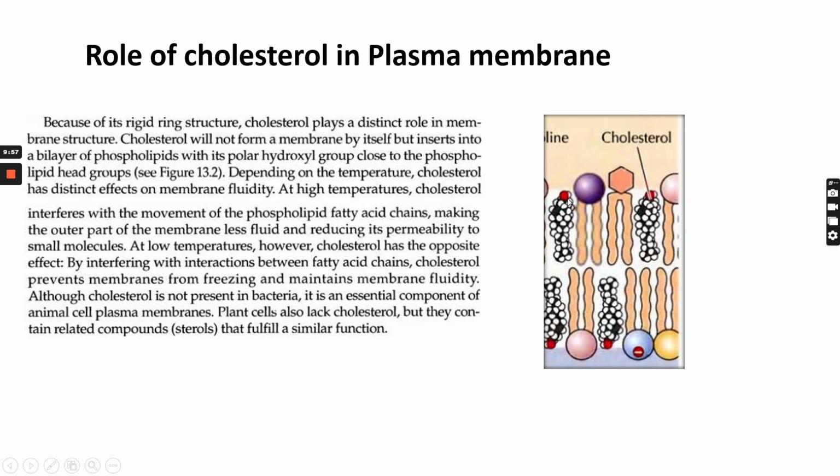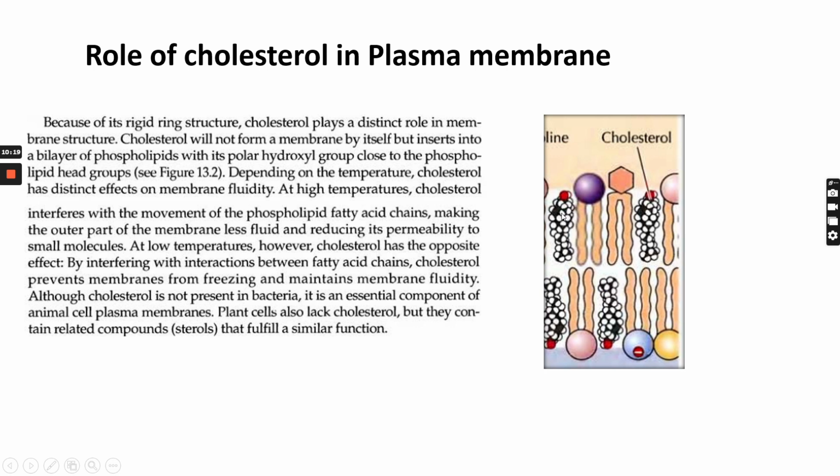But what happens when freezing temperature comes, like cold conditions? This cholesterol interferes in the binding of the hydrocarbon chains of the phospholipids, and they maintain the fluidity.